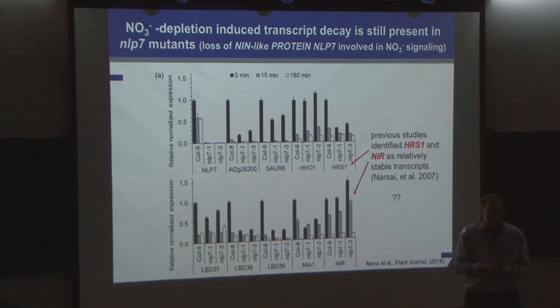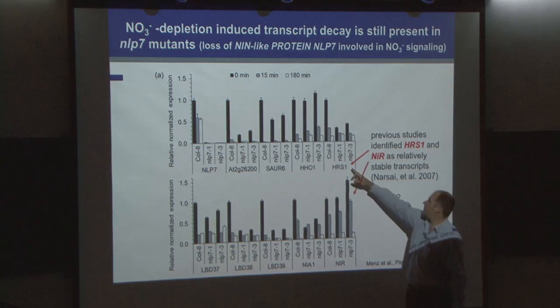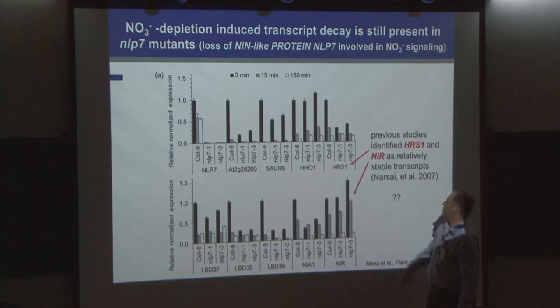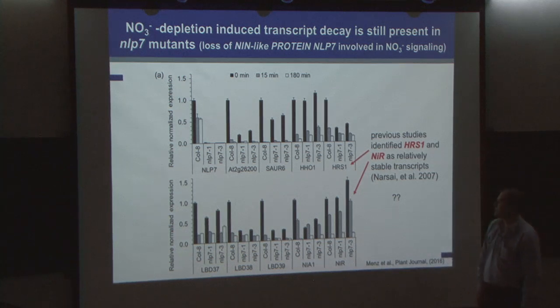People had measured the stability of all transcripts by microarrays, and some transcripts are really degraded within an hour, within 2 hours or so, and some transcripts are stable for 9-10 hours or so. Now this was very stable, and this, for example, was also pretty stable.